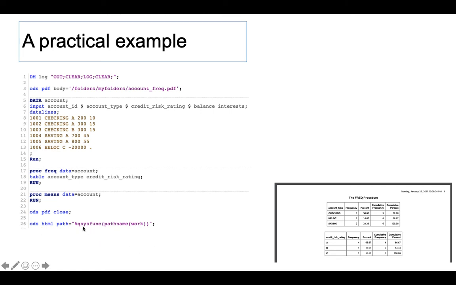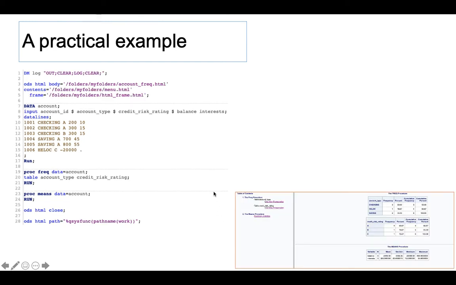This is calling a macro function to find the path to your work folder, and then resetting the HTML output, which is basically the default output. So this is pretty straightforward. All you need to do is add ODS before the result you want to produce, and after that you just need to close it. This is one example of producing PDF with the ODS system.